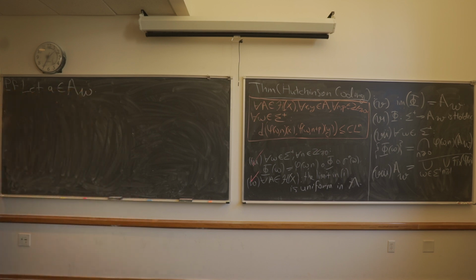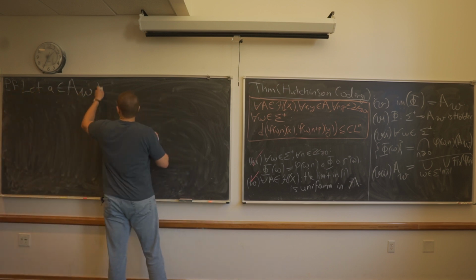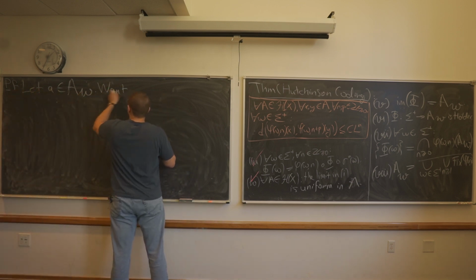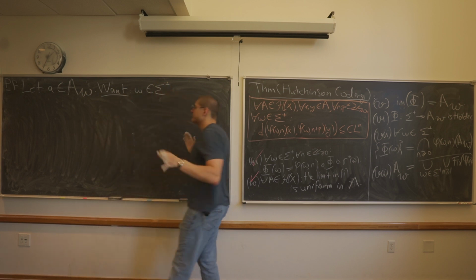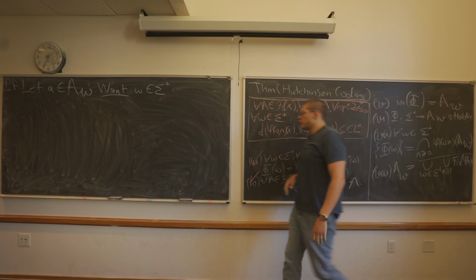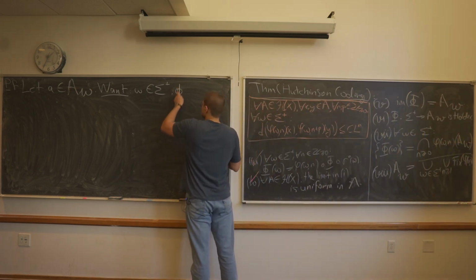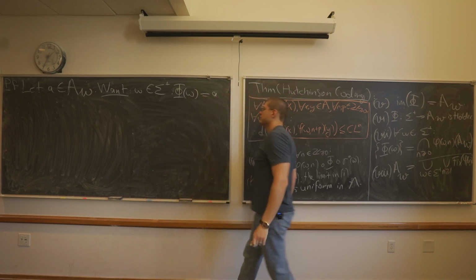Take a point in the attractor. What I want is a sequence. I want to be able to build a sequence omega. I'm not claiming that this omega is going to be unique, okay? I just want one. Omega such that phi of omega equals A.